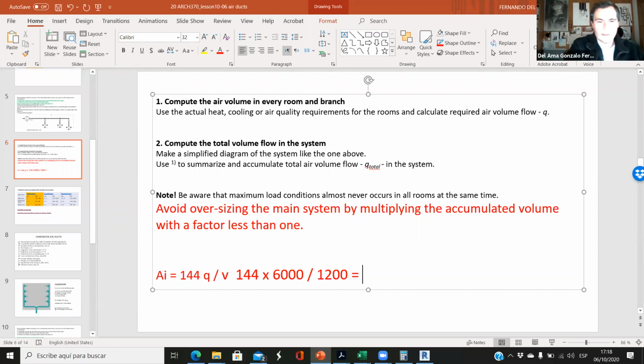So what's the area here? It's 144 times 6,000 divided by 1,200. So it's 720 square inches. So if it's a square, the square root of this is 26.